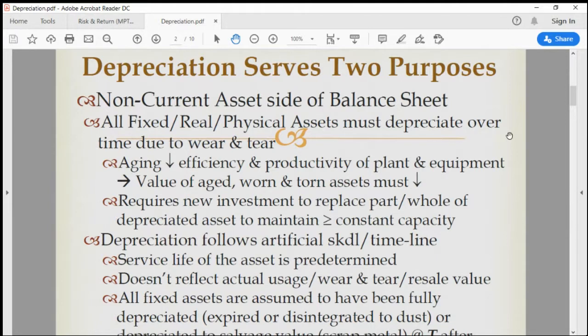That's why scrap metal value. So we're talking about the book value, not actual market value, right?